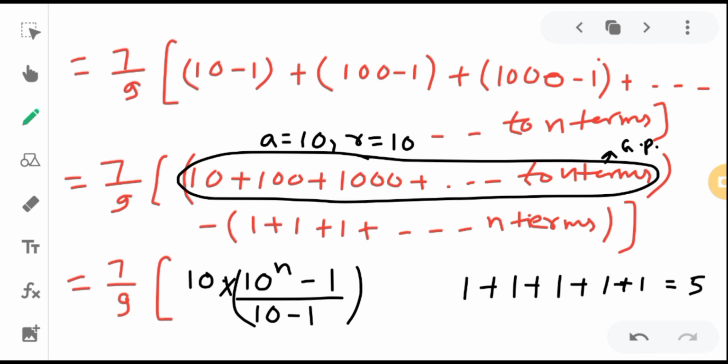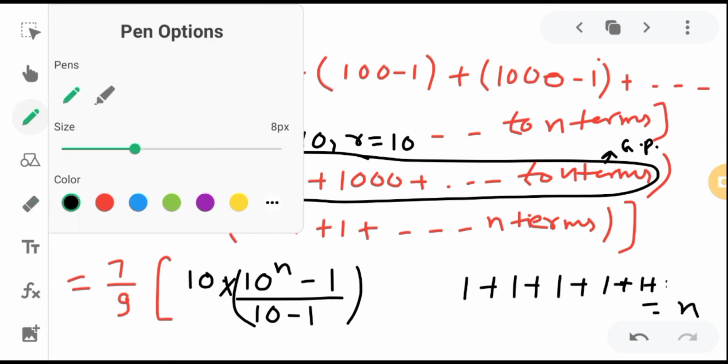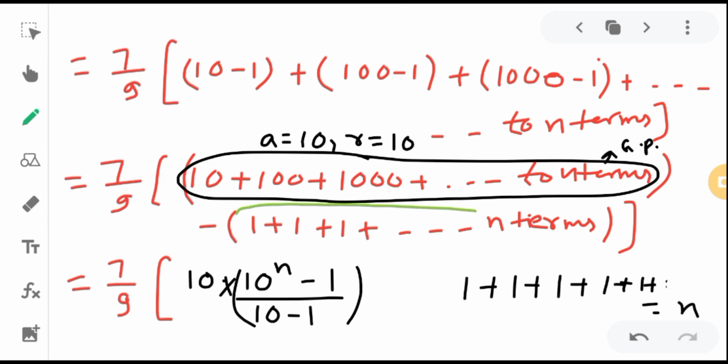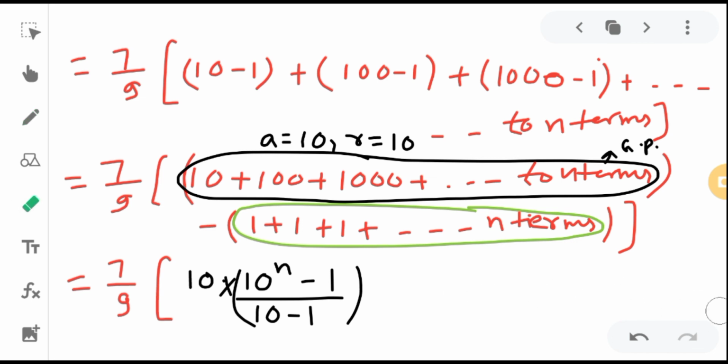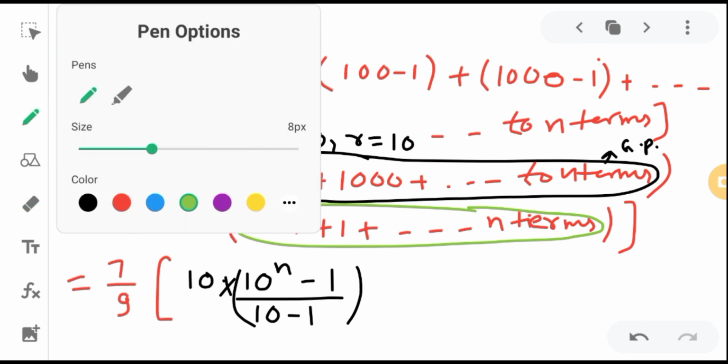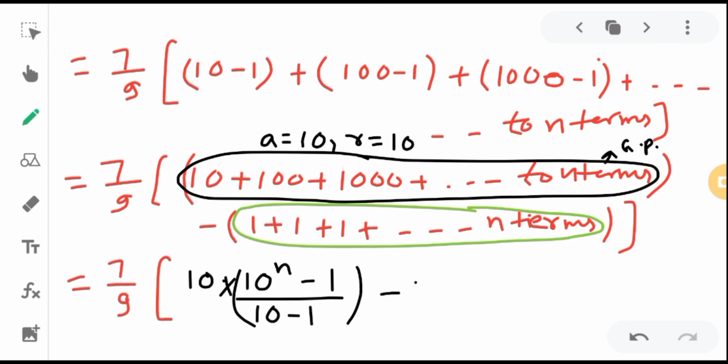Correct? So when you add 1 five times, you will get 5. Similarly, if you add this type of thing n times, you will get n. So this addition value, 1 plus 1 plus 1 till n times, will be n. So I will write that as n. Okay. So minus, and that will be n. Okay. So this will be our answer.